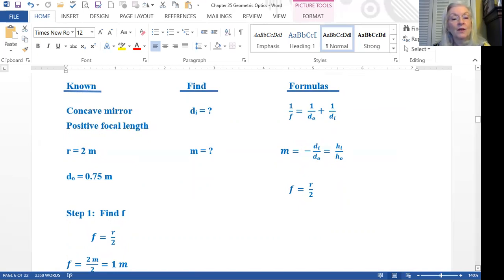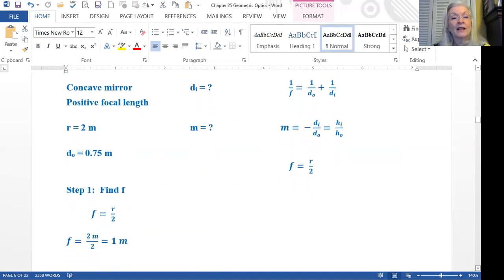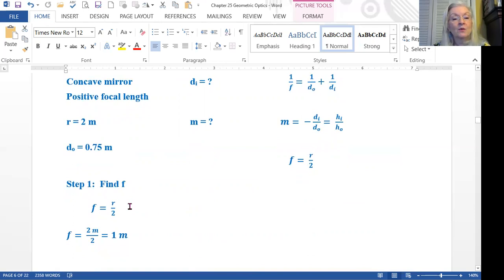The first thing we're going to do is find the focal length. We know the radius. Every time you have R, you need to find F. We need F for our equations. So to find the focal length, we say F is equal to R divided by 2. So 2 meters divided by 2 gives me 1 meter. My focal length is 1 meter.